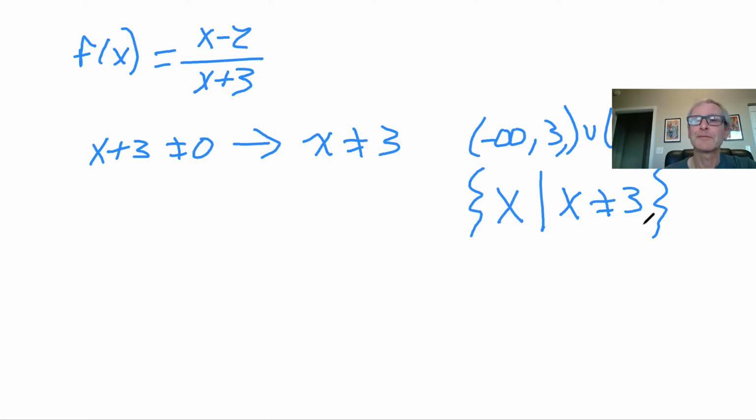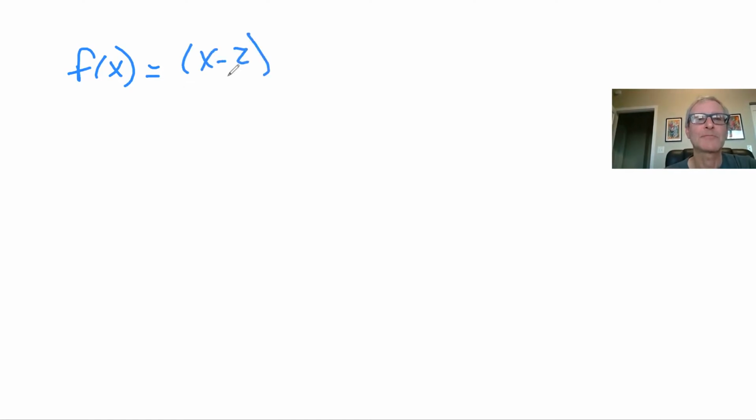Okay, so far so good, hopefully. And let's do another one. So say we take this one. F of x is x minus 2 over x squared minus 4. When you do this, sometimes it's nice to do a little bit of factoring.